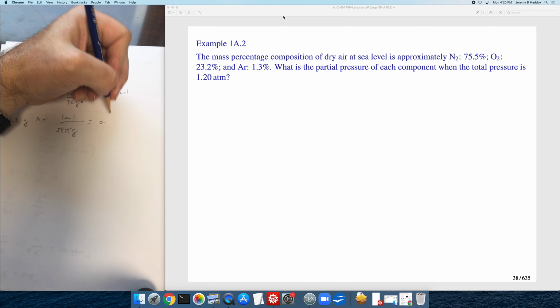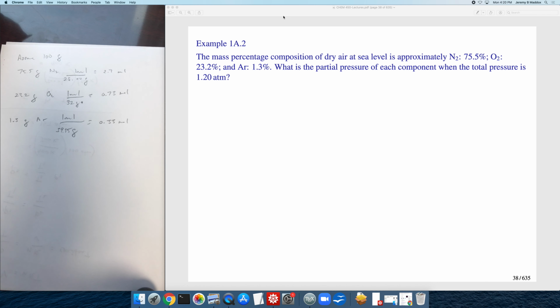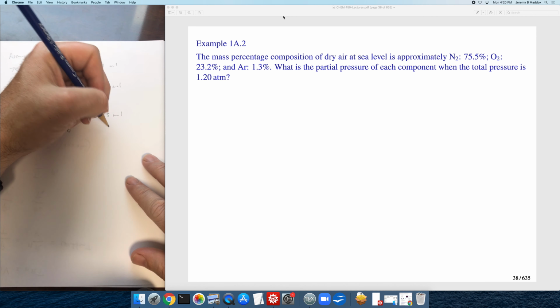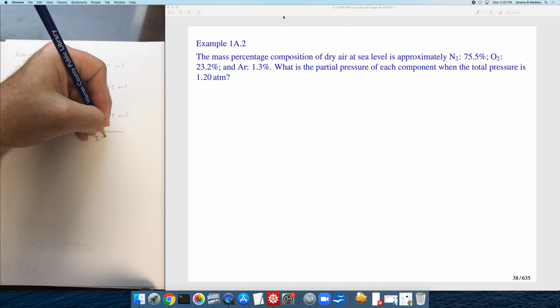And 0.33 moles. Okay, so we've got the number of moles of each component, and we can add up and get the total number of moles. I'm getting 3.76.